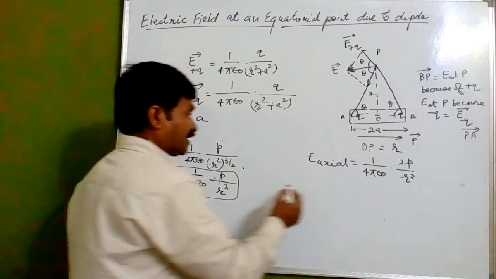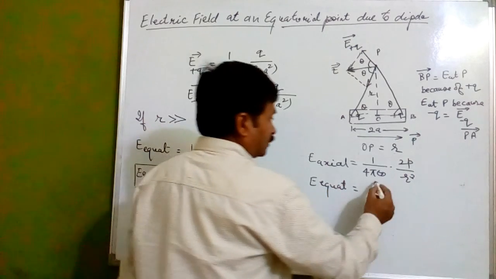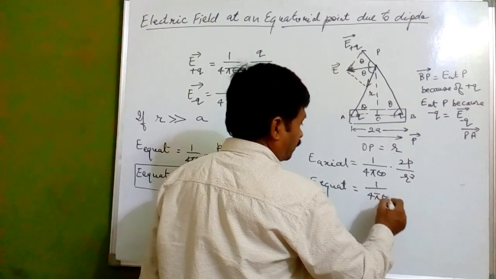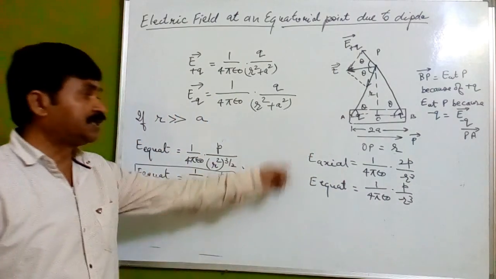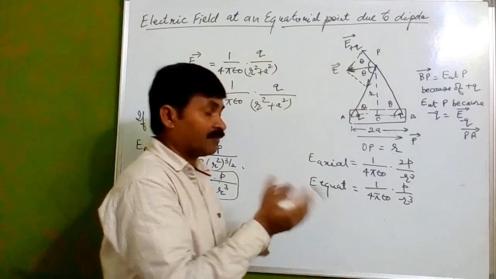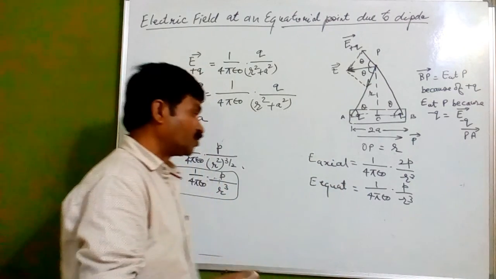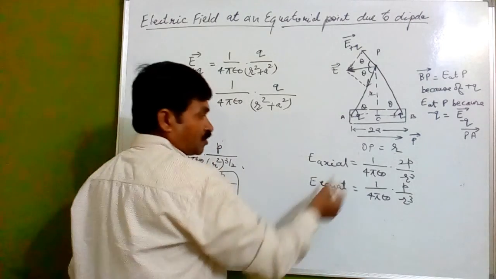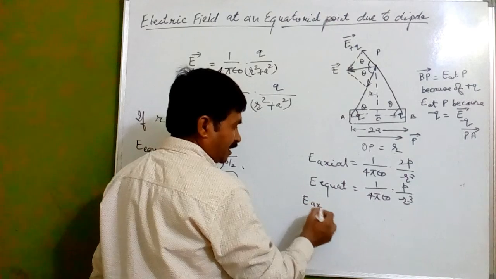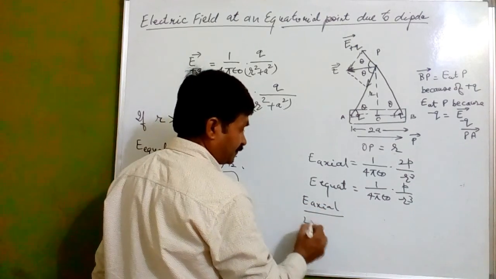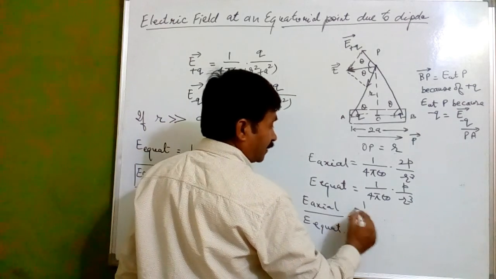Similarly, E equatorial is 1 upon 4 pi epsilon naught into P upon r cube. Now if we compare these two, we take the ratio, dividing E axial by E equatorial.